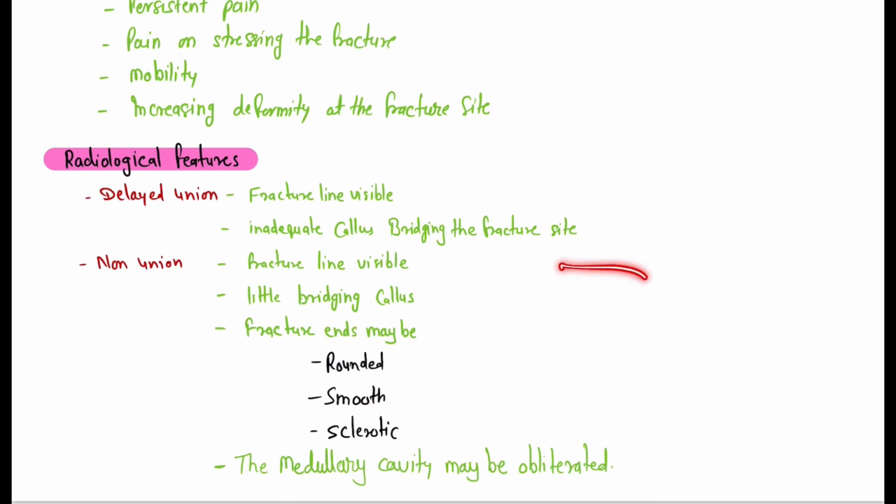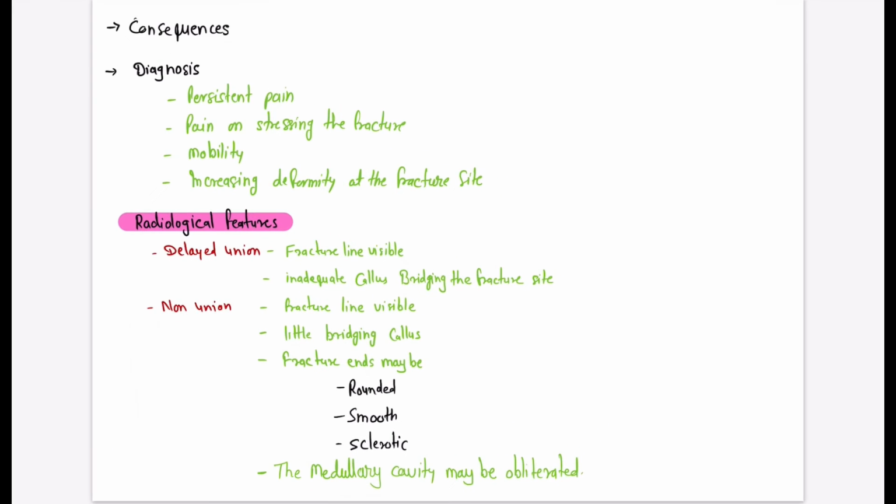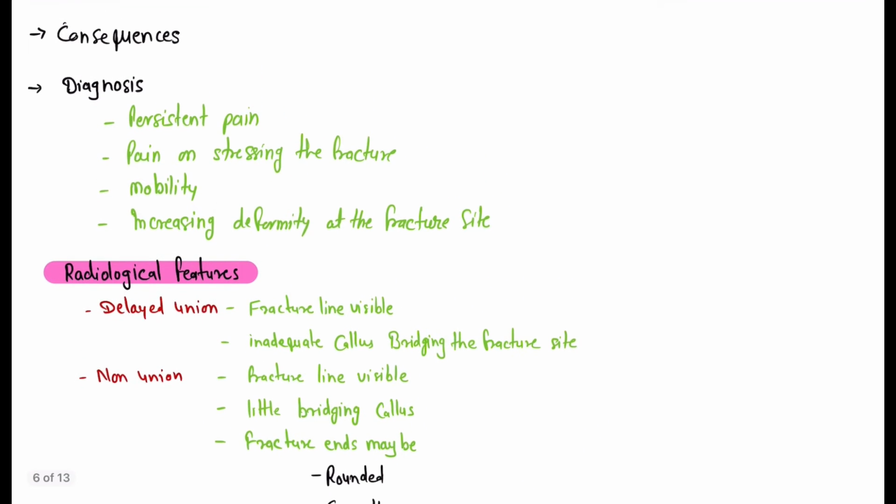These points are for non-union in radiological features, while the fracture line visible and inadequate callus bridging at the fracture site are the defining radiological features for delayed union.